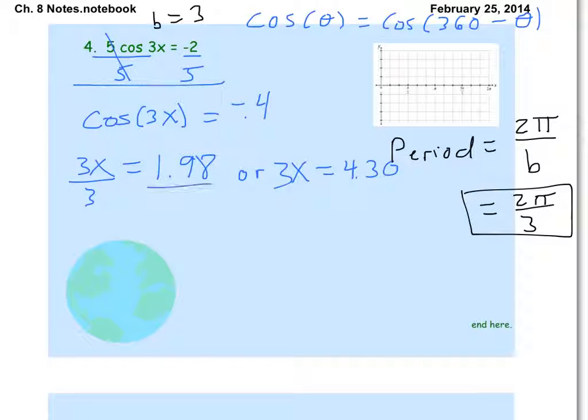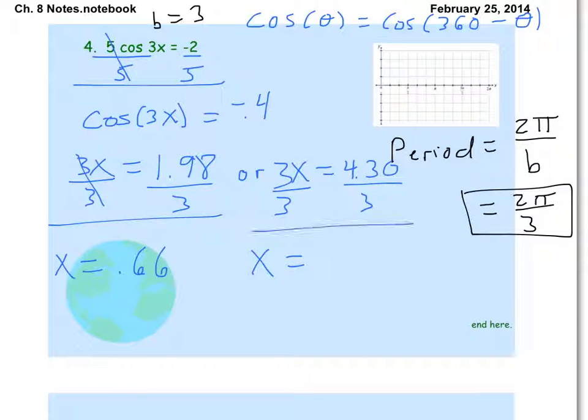Now I continue on here, divide by 3. One of my solutions will be 1.98 divided by 3. That is 0.66 radians. This will give me my second solution, which would be 4.3 divided by 3, 1.43.